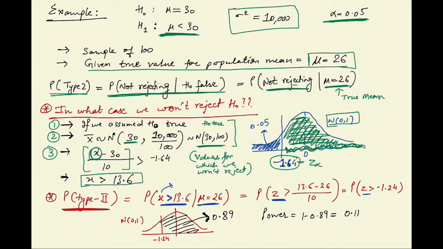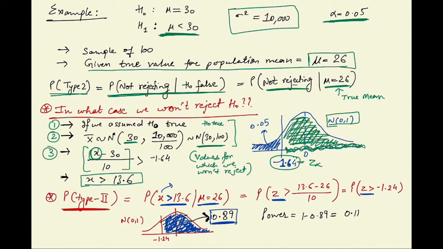That is, for a normally distributed random variable we would want our value to be greater than minus 1.24. So in this diagram we want our value to lie in this region, and the area of this region is 0.29. So this is our probability of type 2 error.